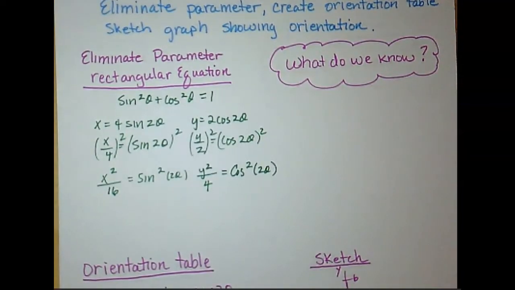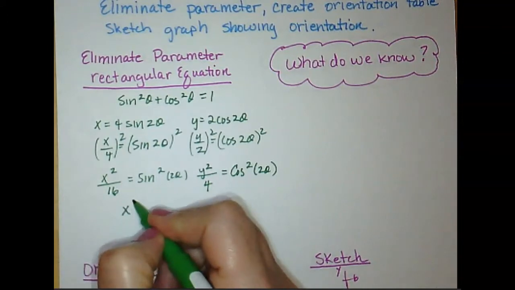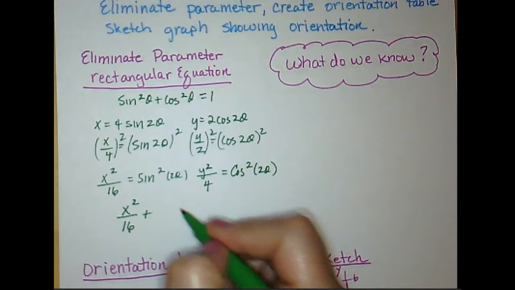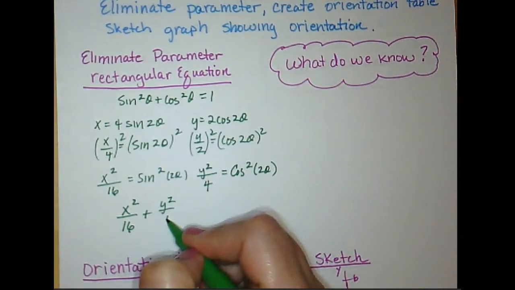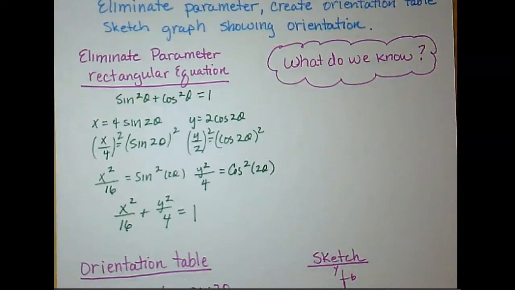Alright, so then I'm going to go to my identity, and I'm going to have x squared over 16 plus y squared over 4, and that equals 1. So now I have my rectangular equation.